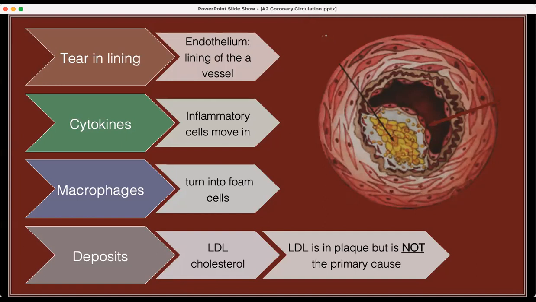And then with this crack, they start pulling in LDL cholesterol. But the point is that LDL is within that plaque, but it is not the primary cause. You have to have all these other things happening before LDL gets pulled in for plaque formation.